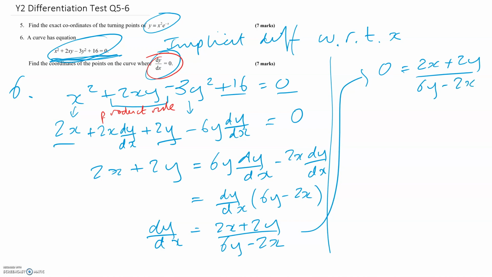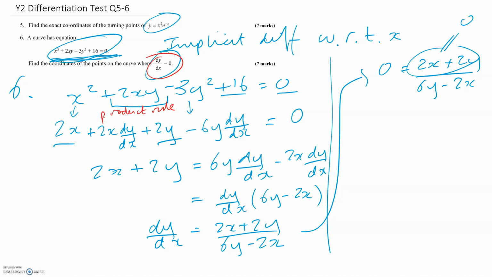Now often students forget that if you're trying to solve this equation now, this denominator can never equal 0, so you don't really need to worry about it. The only way this fraction on the right hand side is ever going to equal 0 is if the numerator equals 0.